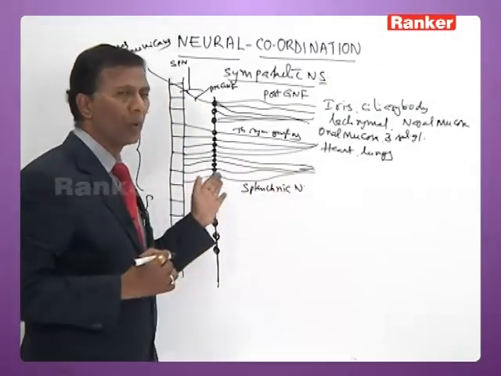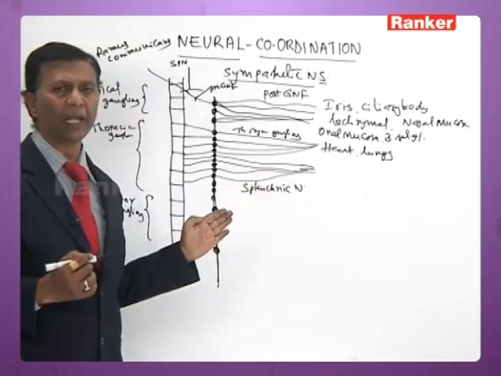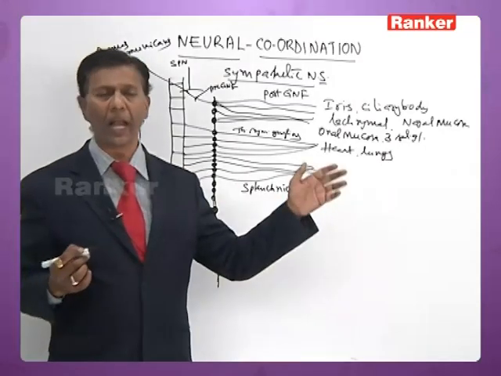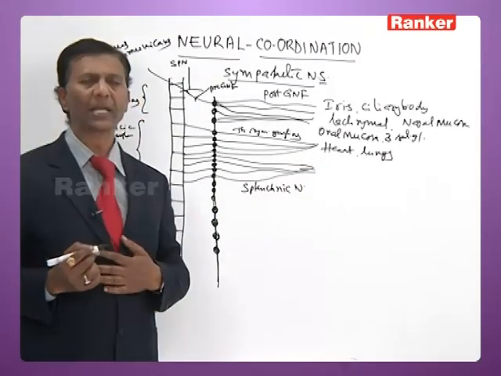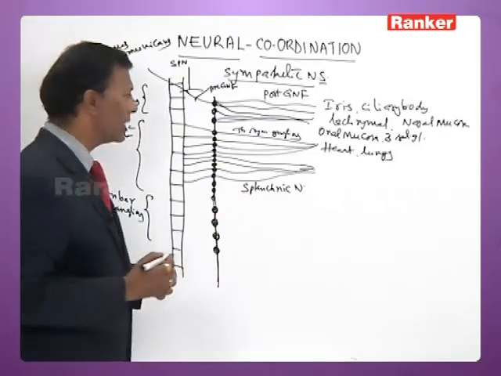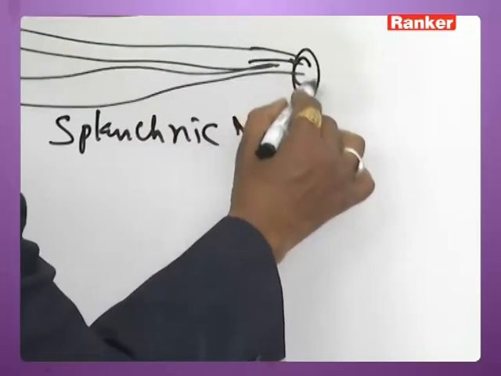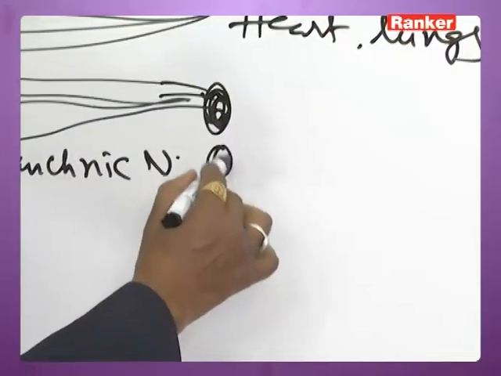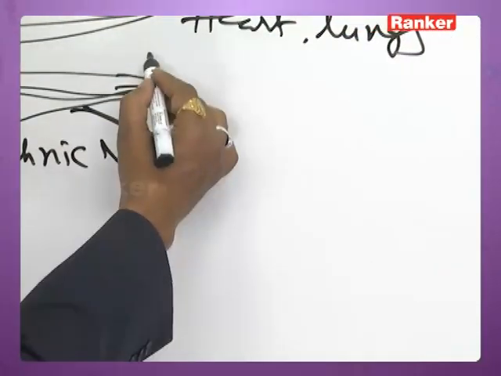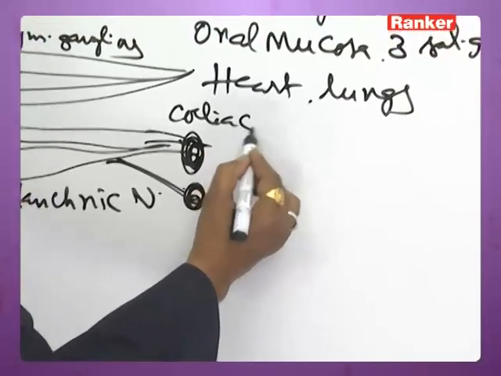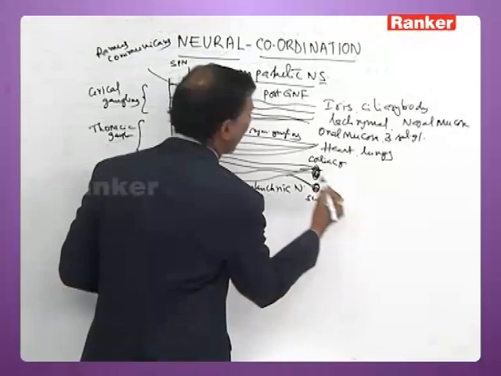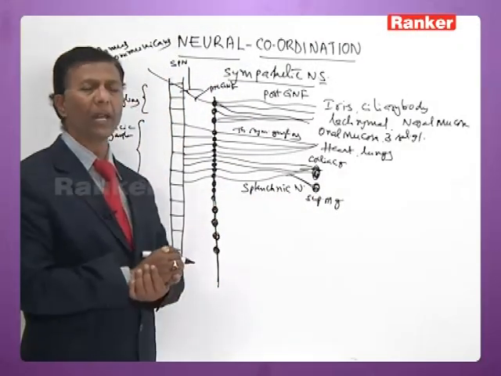So the nerve fibers, unlike the previous ones, if they simply traverse through the sympathetic ganglion and extend up to the visceral organs, you call such preganglion nerve fibers splanchnic nerves, you know. Now these splanchnic nerves form synapse with celiac ganglion and superior mesenteric ganglion.